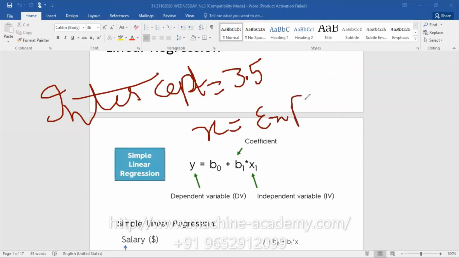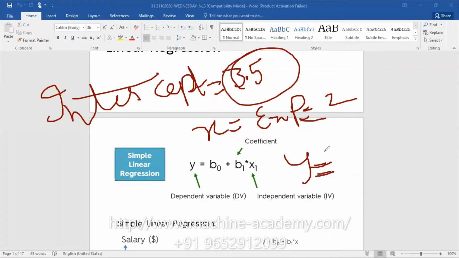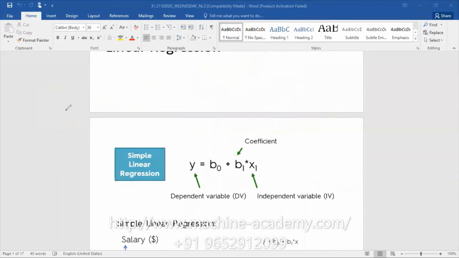Experience, how much am I taking here? Suppose let us consider I am taking 2 years of experience. Y equal to his base salary. Intercept point here, I am taking base salary. One second. We have a small confusion here.